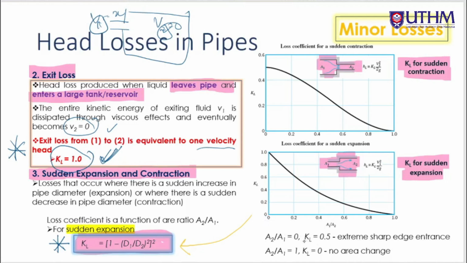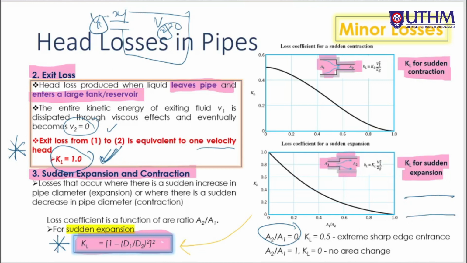If we look here, KL equals 0.5 for an extreme sharp edge entrance, and A2 over A1 equals 1 if there is no area change. So what A2 over A1 means, whether it is an entrance or a contraction, is, say A2 over A1 equals 0.